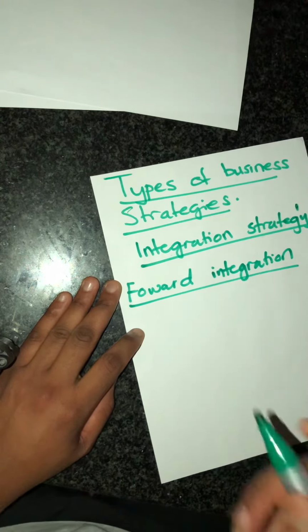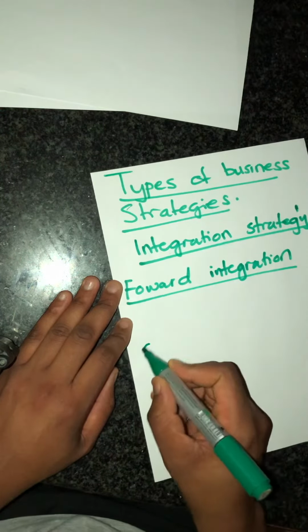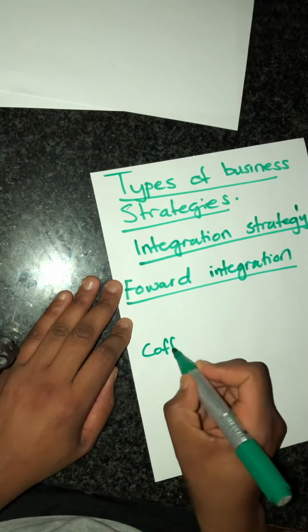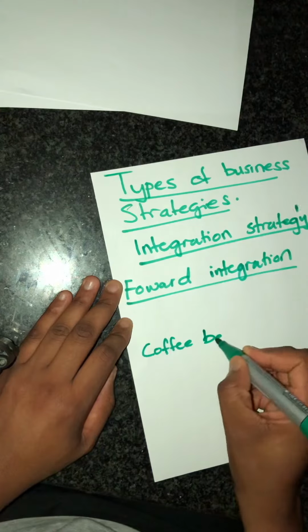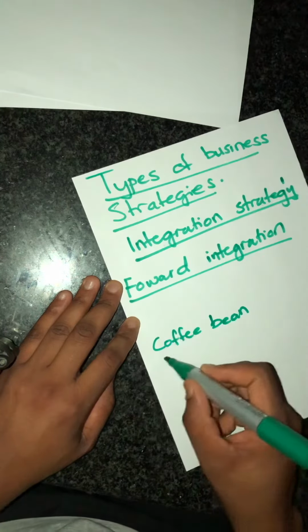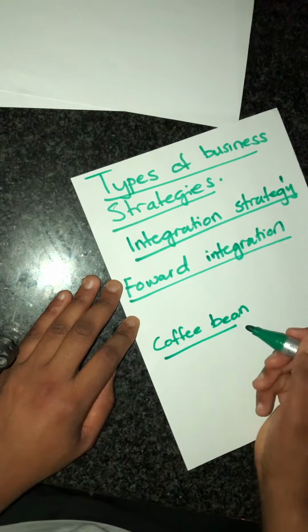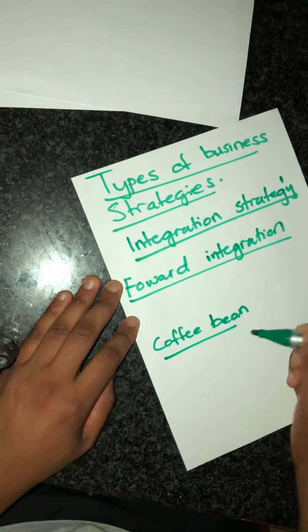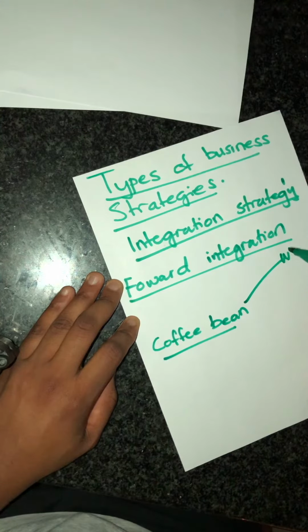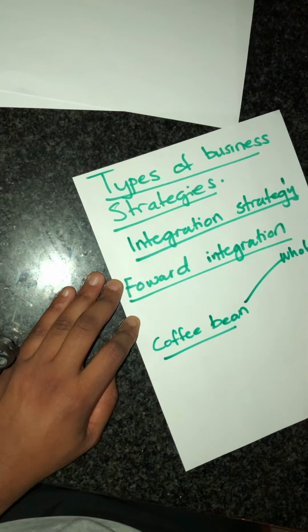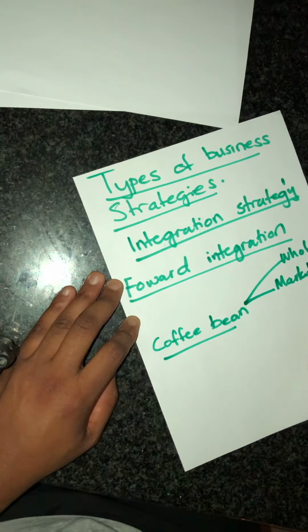So, for example, you have your coffee shop or your coffee bean producers. What they make is coffee beans. So coffee beans are sold to probably your wholesalers, sellers, or the markets, which act as distributors for this instance.